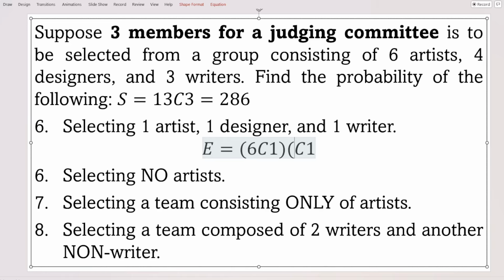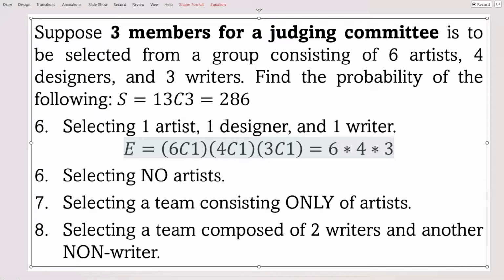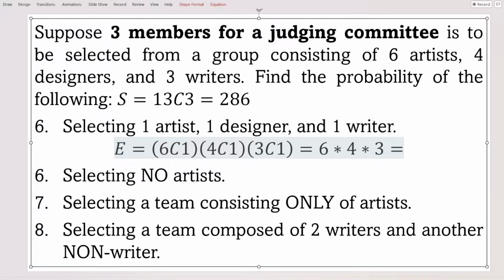How many choices for the designer? There are 4 designers. And for the writer, also 1 slot. How many writers? We have 3 writers here. So 6 combination 1, 4 combination 1, 3 combination 1. This will just be 6 times 4 times 3, that is 72.